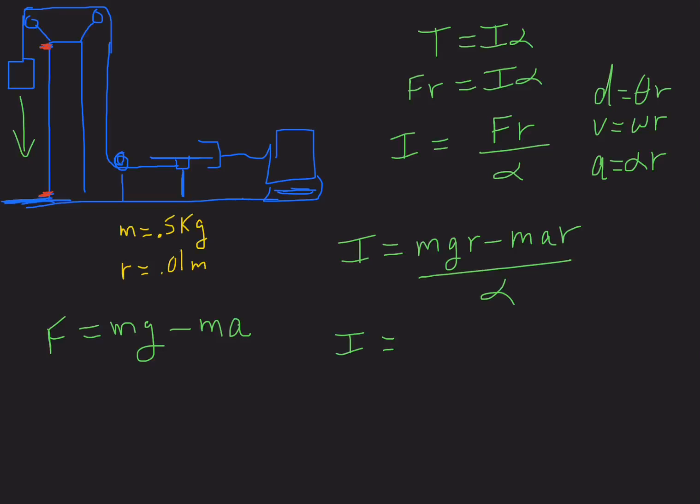So in for A, I can actually put alpha times r. So I'm going to do m times g times r minus m, and in for A, I'm going to put alpha r, so I'm going to have alpha times r, and that'll be an r squared actually, all over alpha.